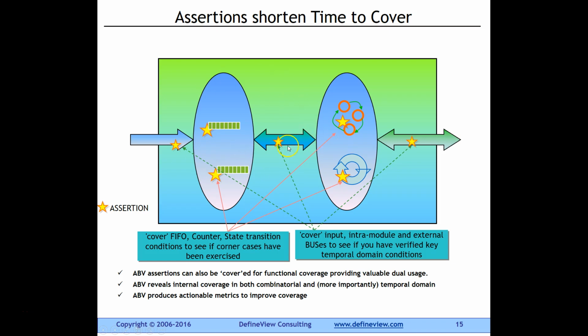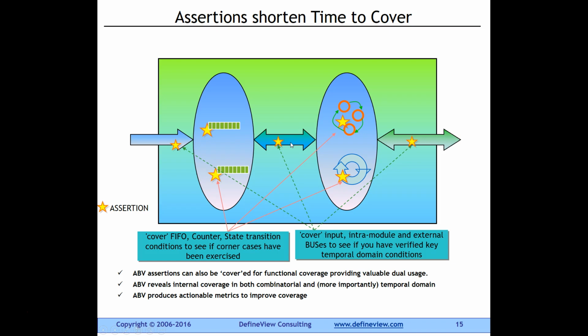These temporal domain conditions, and we will see a lot more on that, are essential to make sure that your test bench has indeed exercised the condition where you made sure the FIFO was full. Without such cover, you will not know.